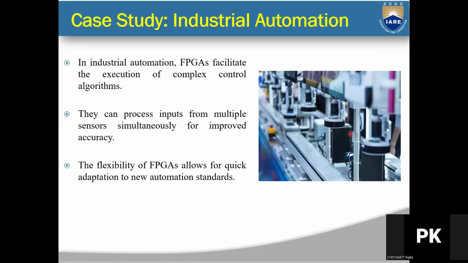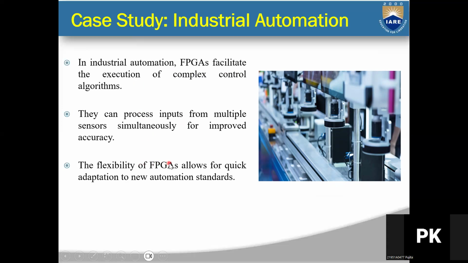And so let us see a case study in industrial automation. In industrial automation, FPGAs facilitate the execution of complex control algorithms. They can process inputs from multiple sensors simultaneously for improved accuracy.